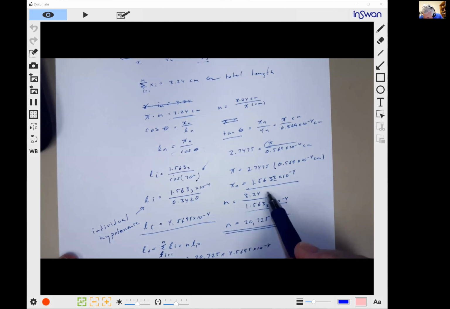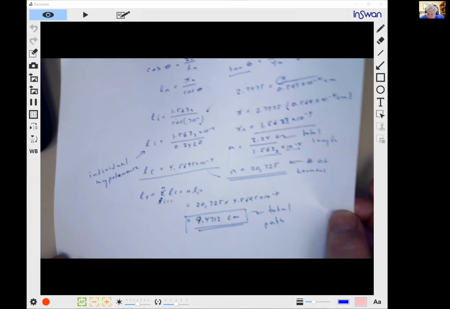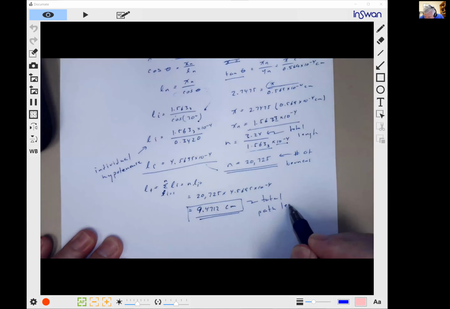Then you just plug in the total length, and this gives you the number of bounces. Then you integrate these two, and this gives you the total path length in the waveguide.